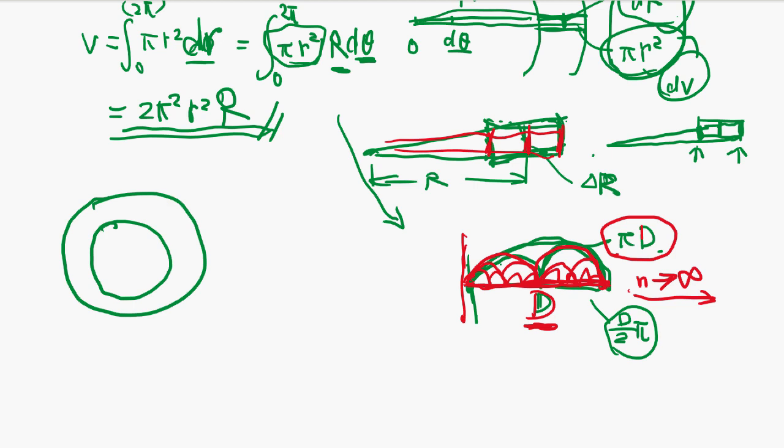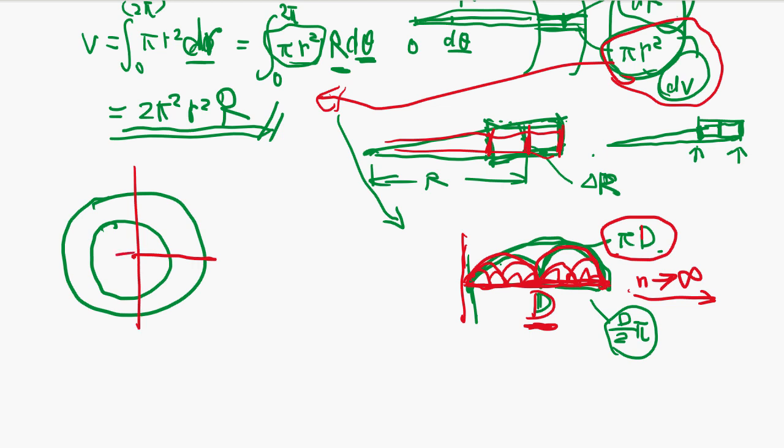You need a little bit more convincing argument, right? You cannot just say, hey, it's going to be okay, this disk volume is going to be, if it's thin enough, this, so we can take an integral. Okay, so we add a little bit of argument to convince ourselves here.